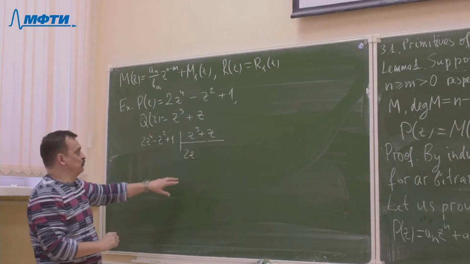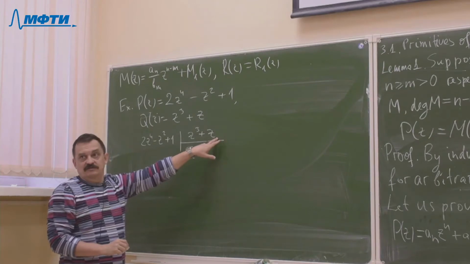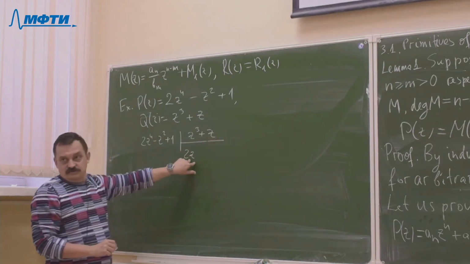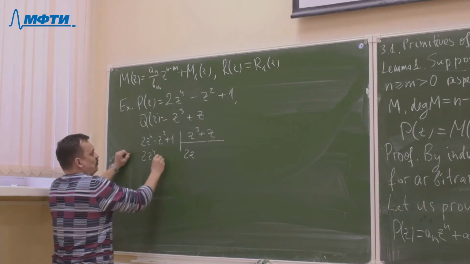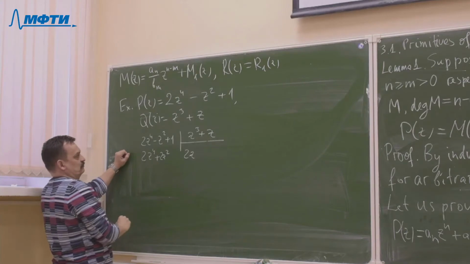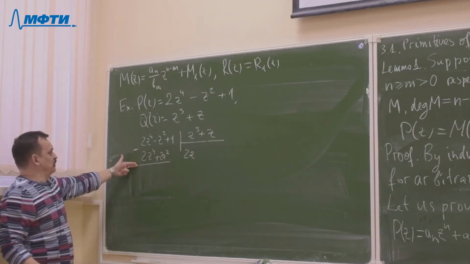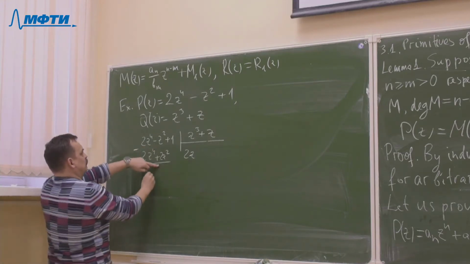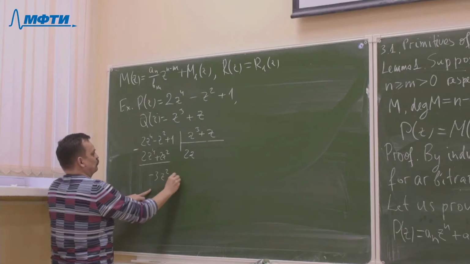After that, what do we do? We multiply the denominator by 2z. What do we obtain? 2z to the power 4 plus 2z squared. Right? Then we subtract what we obtain, minus 3z squared plus 1.